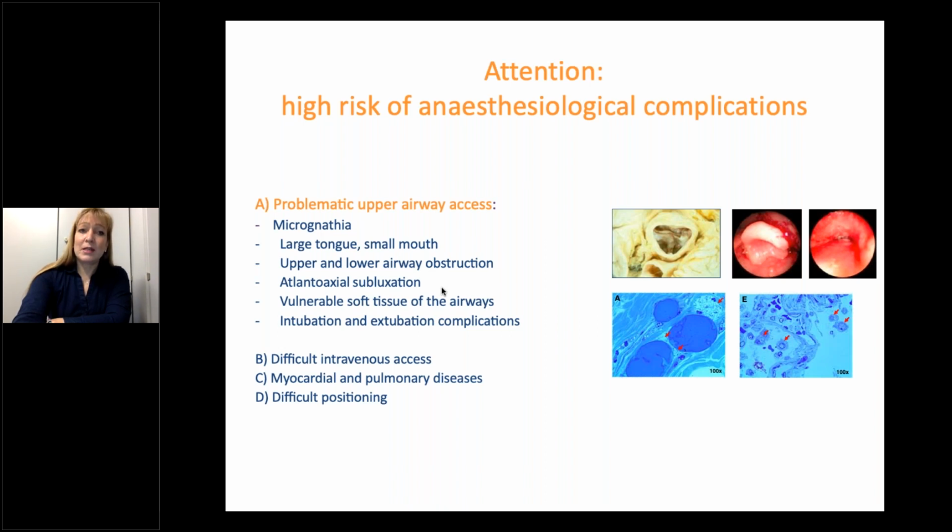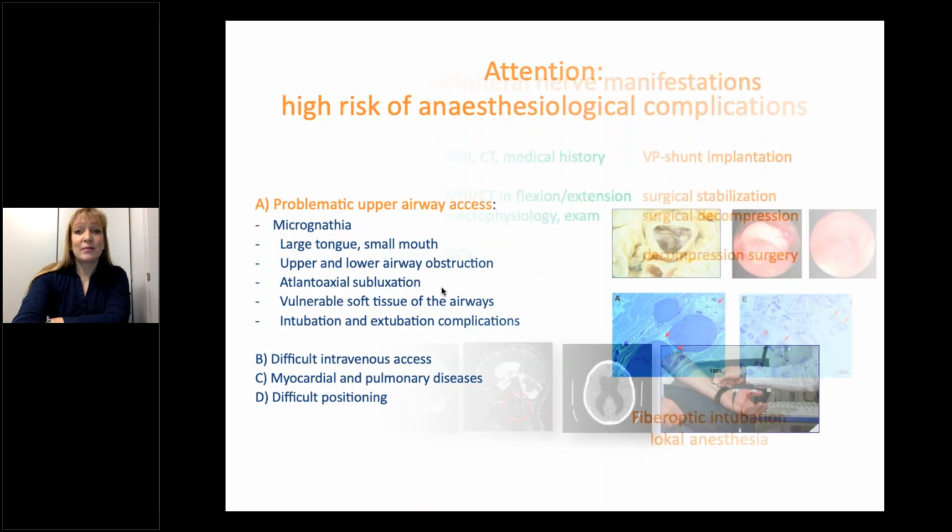We have problematic upper airways. We have in some patients, as I told already, the atlantoaxial subluxation or instability in the cervical spine. And we have also the heart involvement and the pulmonary disease and the difficult positioning. So the best would be a fiber optic intubation, awakened fiber optic intubation, or local anesthesia.